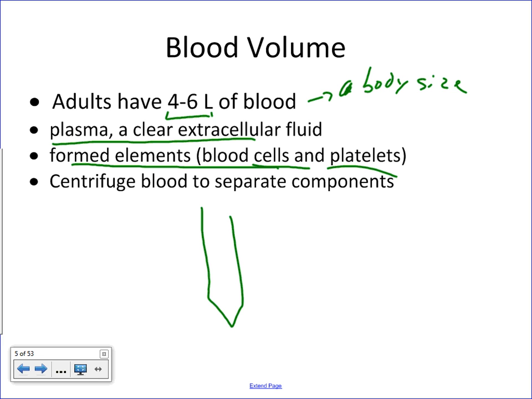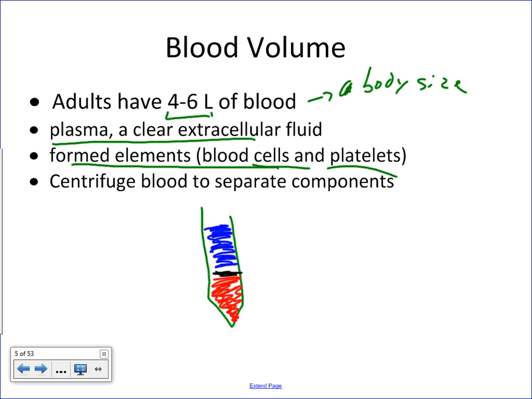Now, in lab, this is something everybody does. You can easily separate these components of blood. You just draw a little bit of blood, put it in a tube, and spin it in the centrifuge. Once it's done spinning, you'll notice it looks really thick on the bottom. You'll see a little border of a grayish color, and the rest of the way you're going to see primarily a liquid.